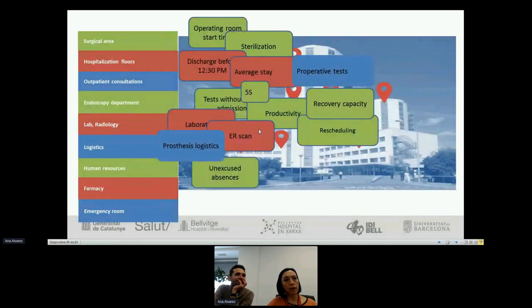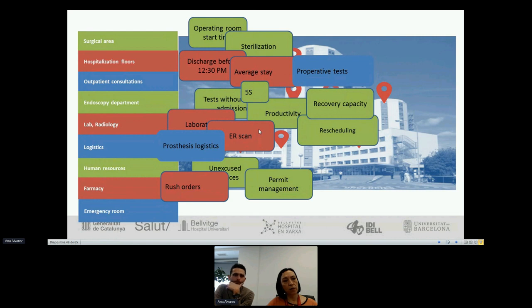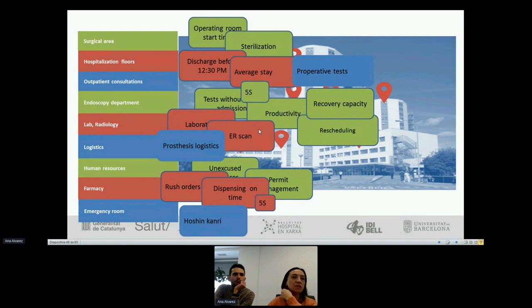We have done two little projects in human resources, our Lean office, and now we are in pharmacy too, trying to reduce rush orders that are confusing everything in pharmacy, and trying to dispense on time, which sometimes is really difficult, and it's a big effort to organize the new pharmacy, that is really big and full of boxes and full of things.